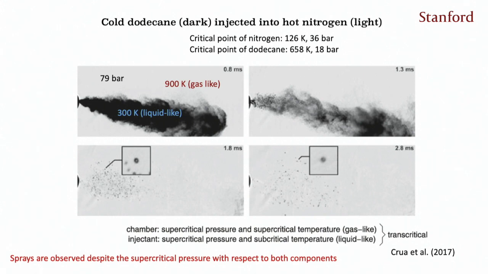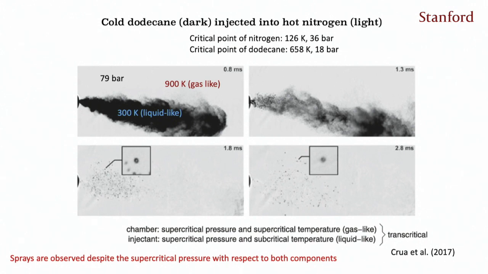You see that the fuel is injected in a liquid-like form, and the ambient air, which is actually nitrogen, is in gas-like form. And the pressure is supercritical with respect to both components. And then you see a spray happening there.